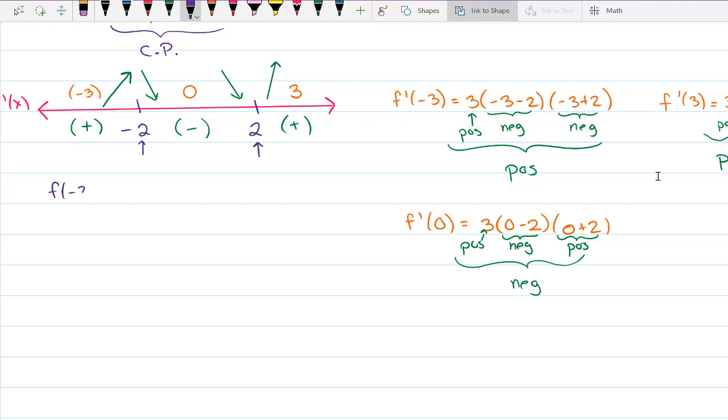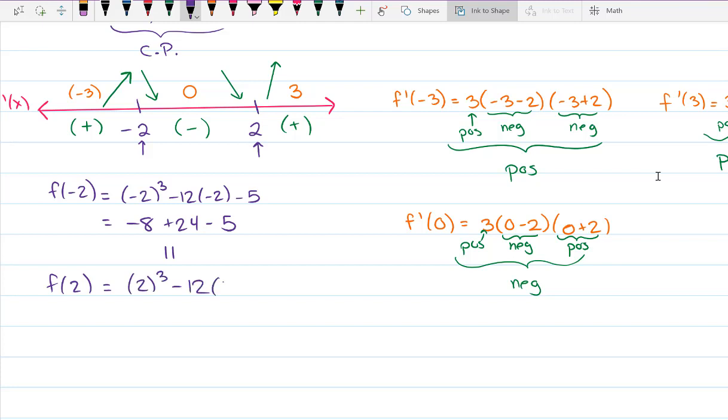So f of negative 2 then is negative 2 cubed minus 12 times negative 2 minus 5, which gives us negative 8 plus 24 minus 5, which gives us 11. f of 2 is equal to 2 cubed minus 12 times 2 minus 5, which is 8 minus 24 minus 5, which gives us negative 21.